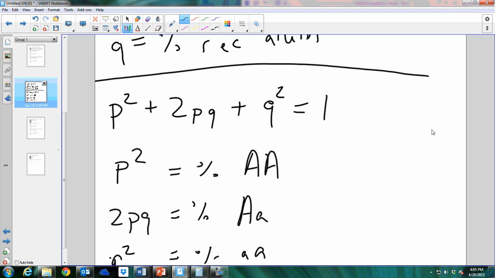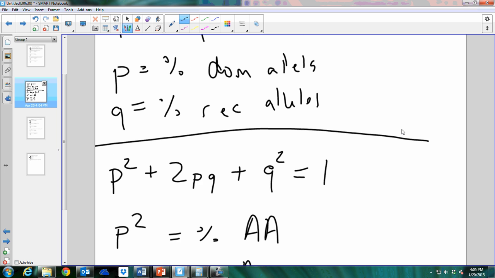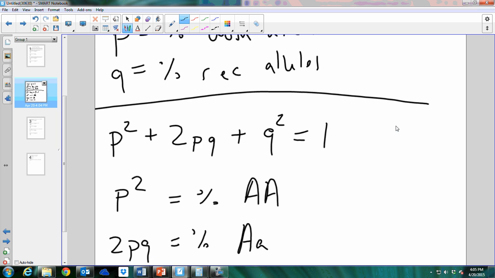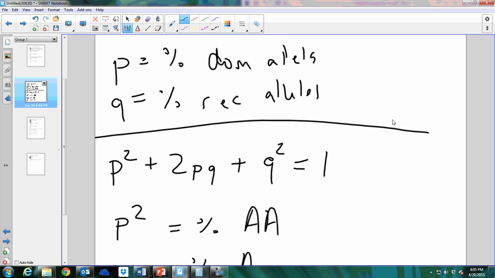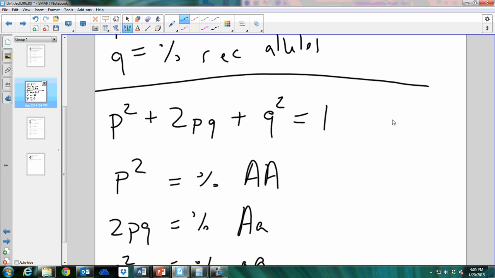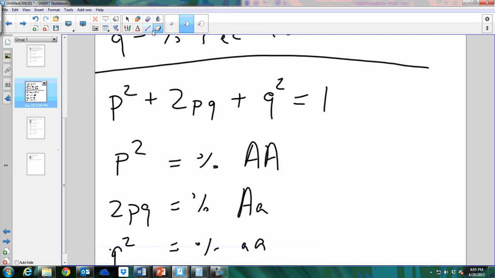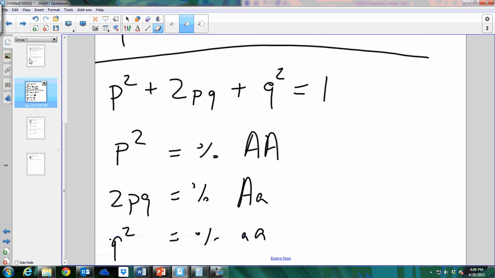Now, these two equations need one another, in that if you know p, the percentage of dominant alleles in the population, you can solve p squared, which is the homozygous dominant, because obviously that is the same as p times p, and 2pq and q squared, and so forth.